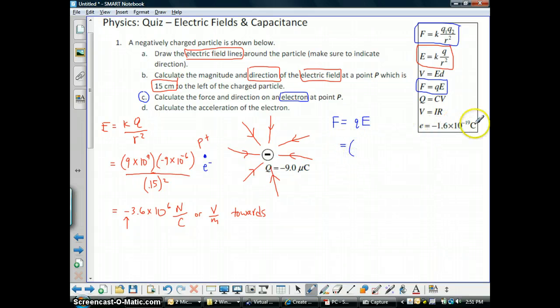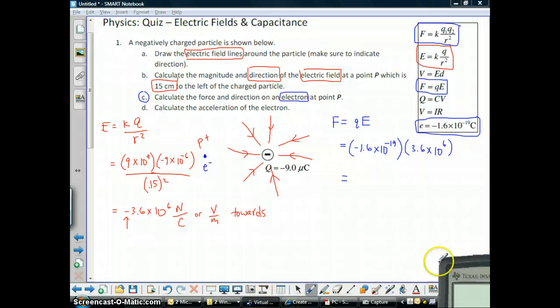The new charge of an electron is down here, negative 1.6 times 10 to the negative 19th. And then the electric field I just found over here, I'm going to use the magnitude of it, so I don't care about the negative. And then just go ahead and calculate that.